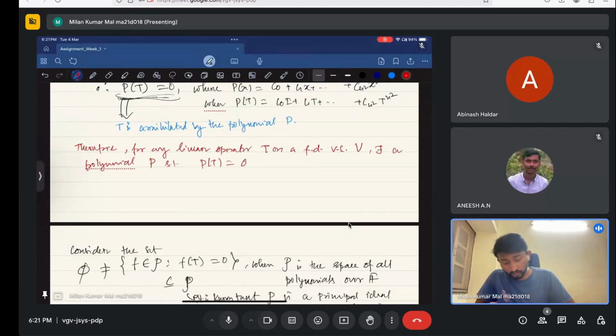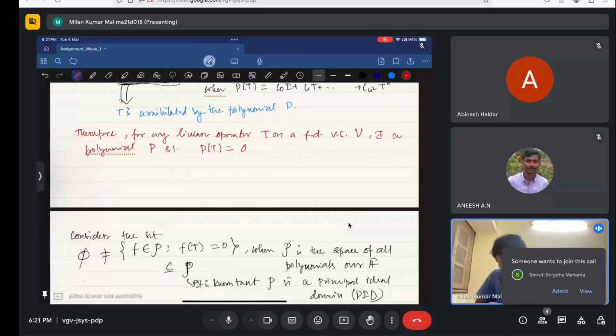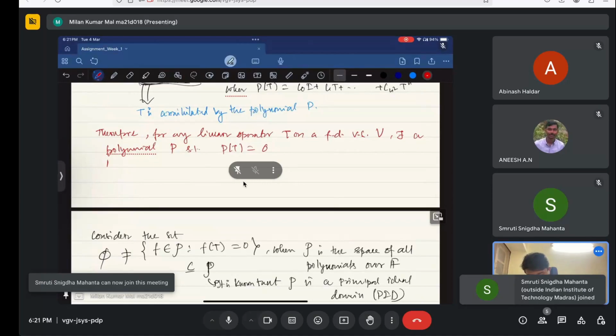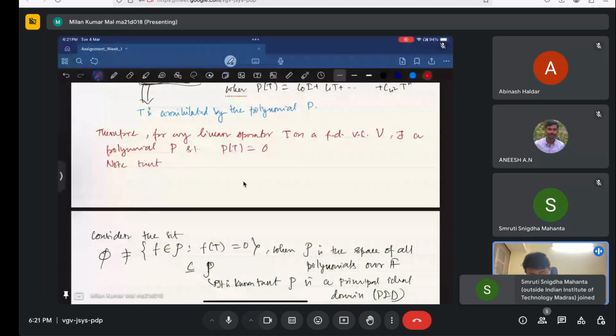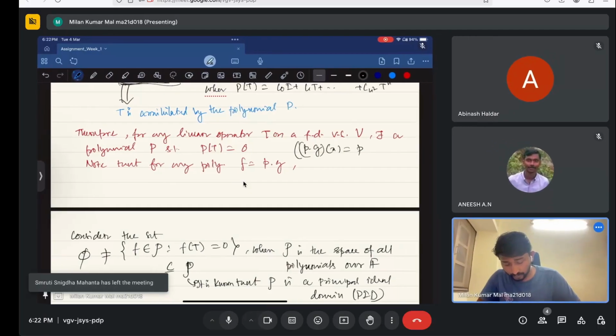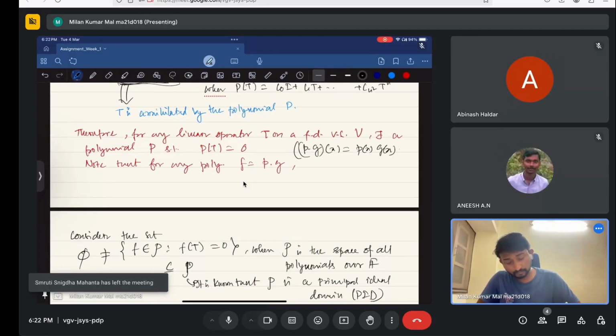So one can note that for any polynomial f which is given by p dot g, where the multiplication is pointwise, that means (p dot g)(x) is equal to p(x) g(x).